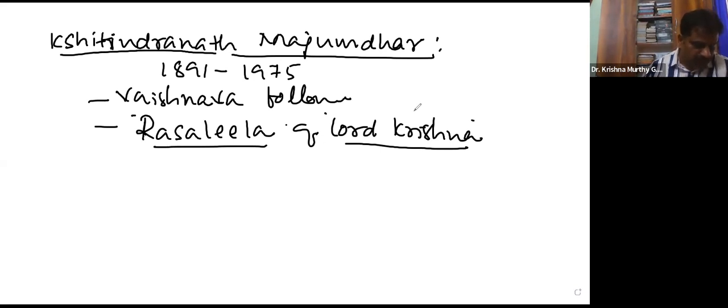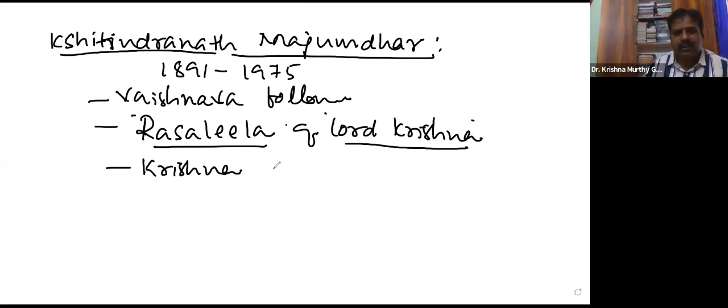Another popular painting of this period: Lord Krishna and his Gopikas.